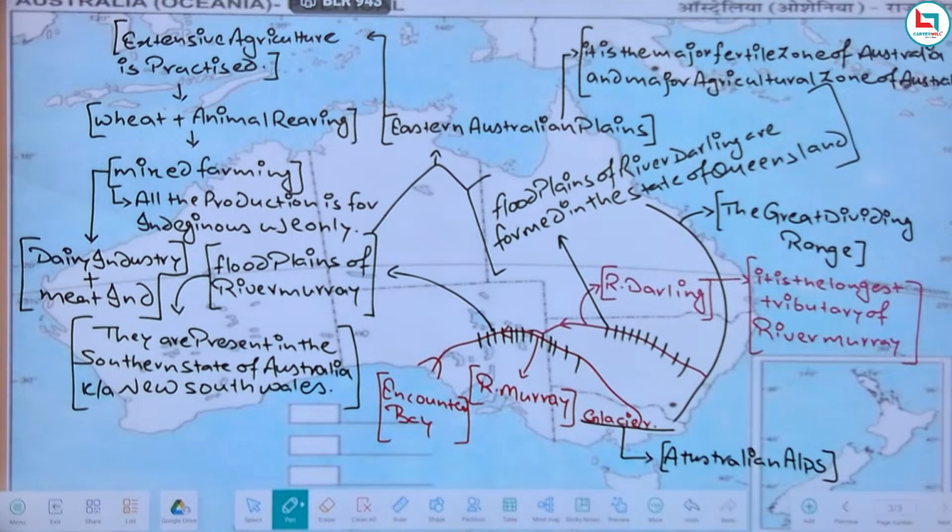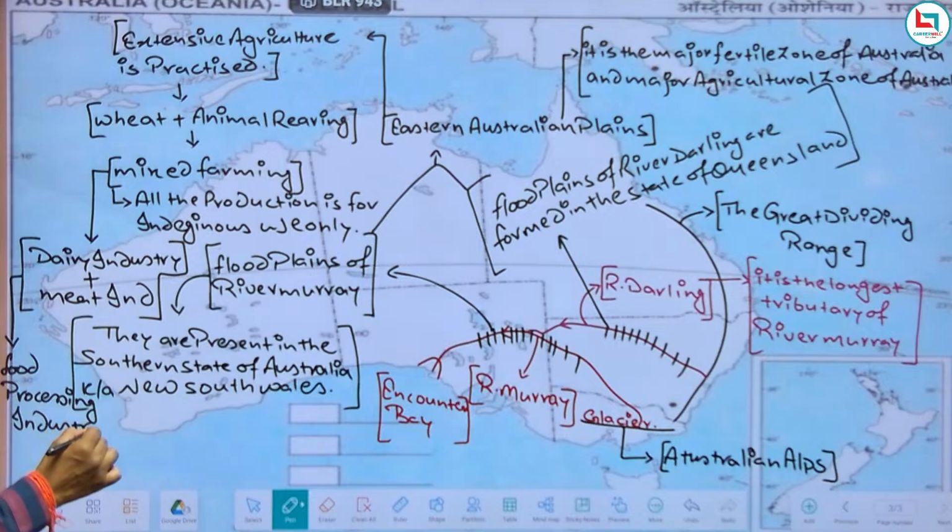And if these two industries are present, then you people know that the food processing industry is commonly found here.